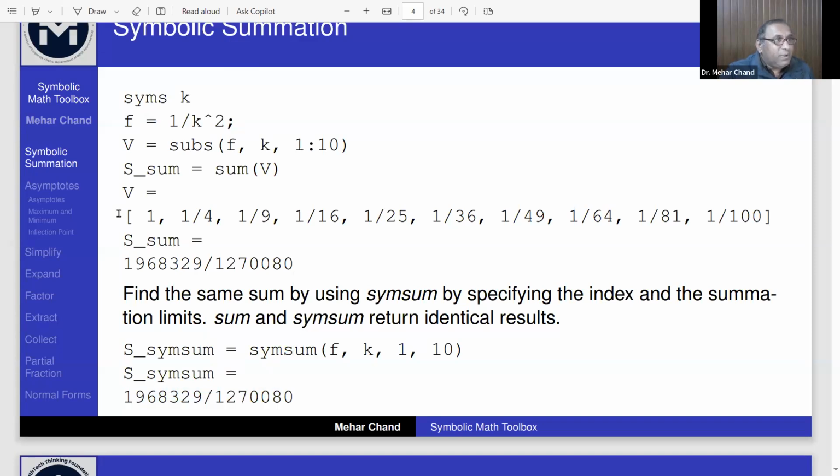In the previous example, first it generates this vector v, and then we use the sum function. So symsum is a combination of generating the symbolic values as well as summing the vector. So you can see both have the same value.